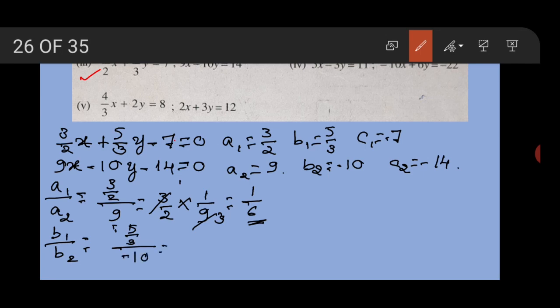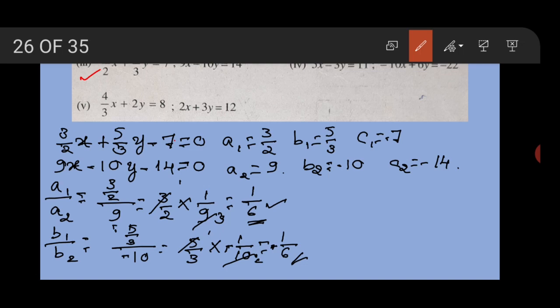Again we can write it in this form: after simplification, 5 by 3 into minus 1 divided by 10 is equal to minus 5 ones are 5, 5 twos are 10, so the answer is 1 divided by minus 6. So b1 by b2 ratio is equal to minus 1 divided by 6.